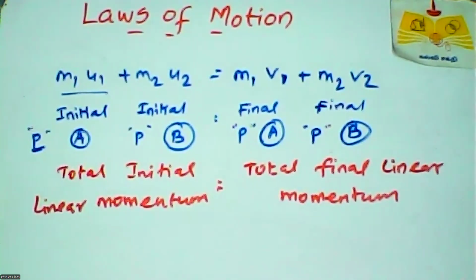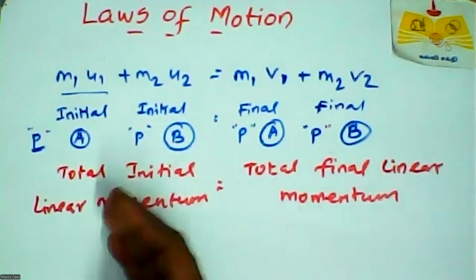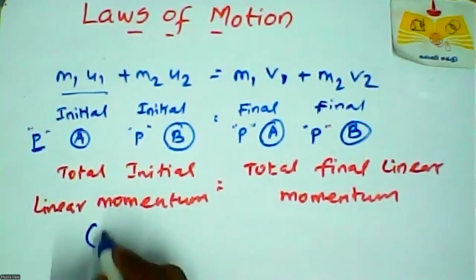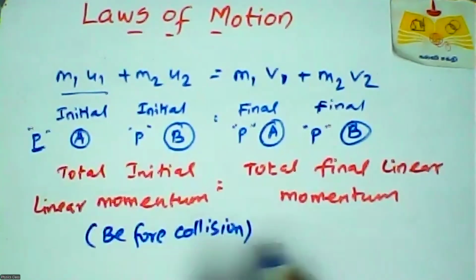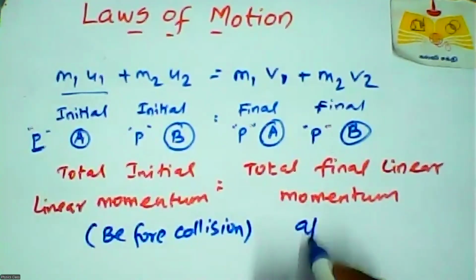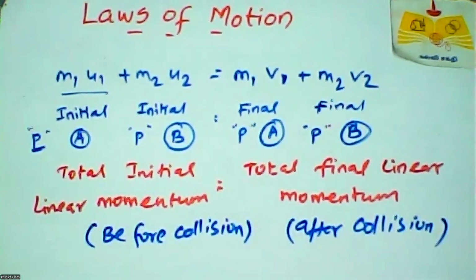Total momentum initial means before collision, total momentum final means after collision. So in our rocket motion, the motion of the rocket satisfies the law of conservation of momentum. This is the concept of the law of conservation of linear momentum.